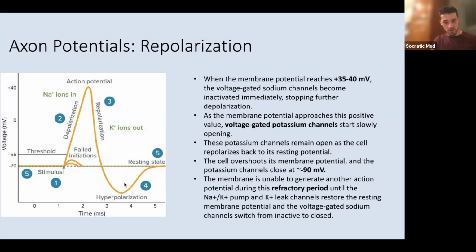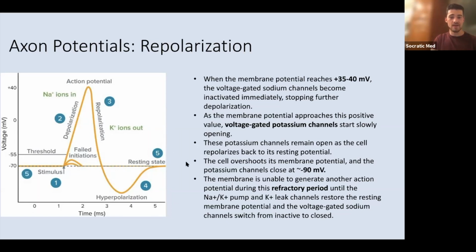Somewhere right after hyperpolarization, as it's climbing back up to the resting state, it switches from inactive to closed, and then it's able to start the process again. But another action potential cannot be generated until that voltage-gated ion channel switches from inactive to closed.